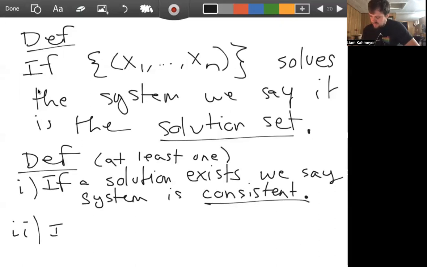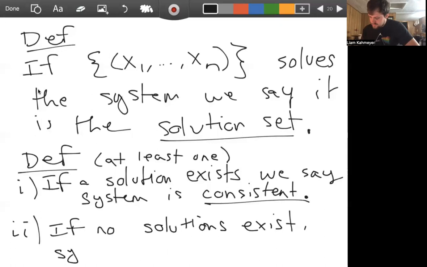And if no solutions exist, we say the system is inconsistent.